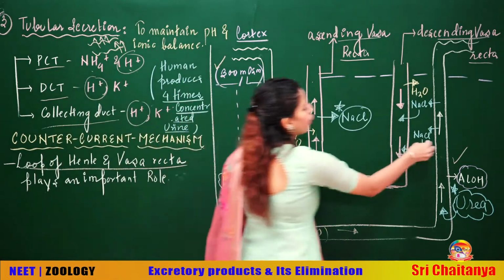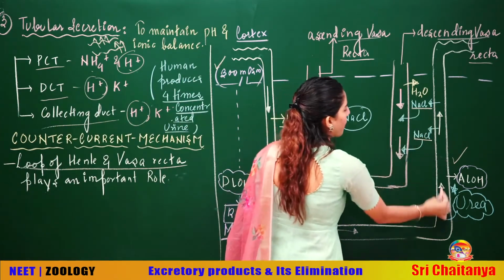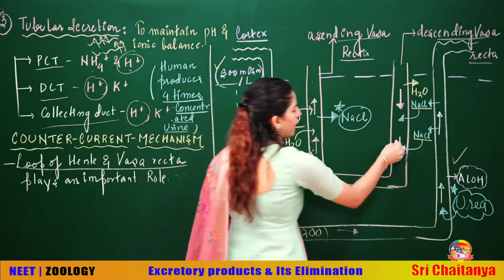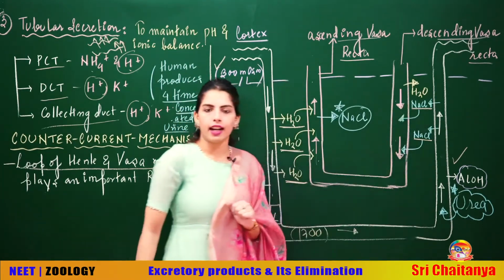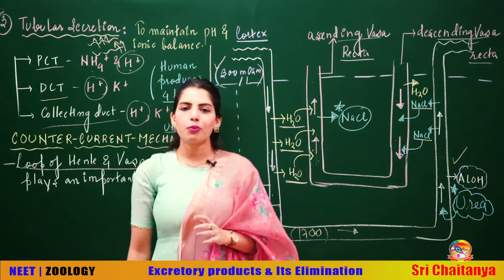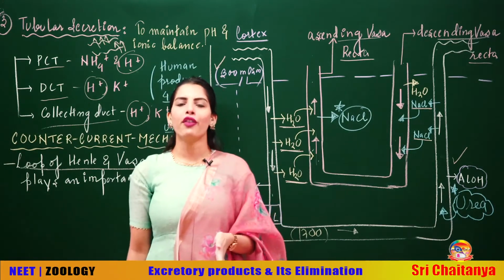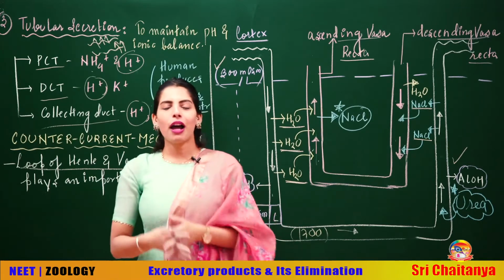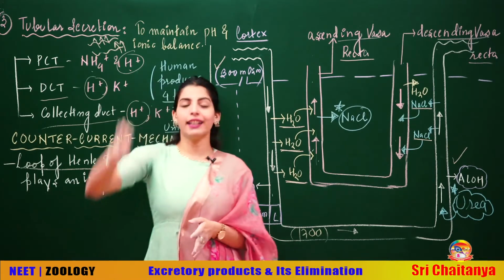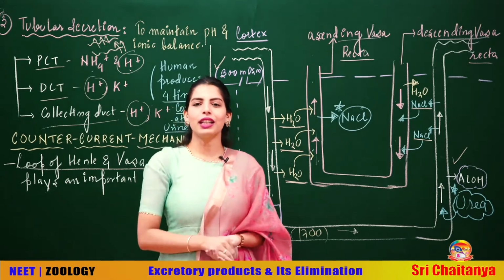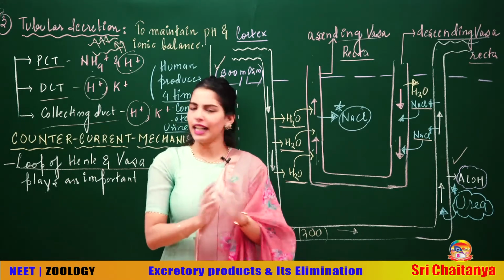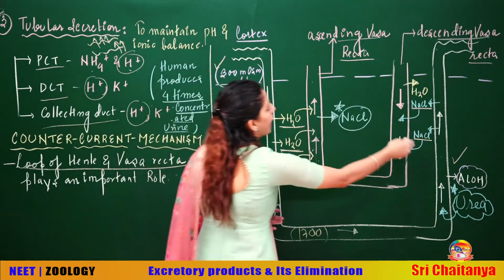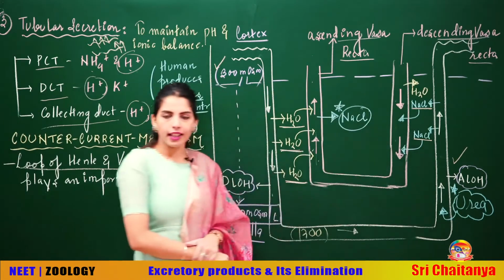Whereas the electrolytes that you reabsorbed from the ascending loop of Henle, where are they moving? They are moving into the descending vasa recta. So whatever you have reabsorbed from the descending loop of Henle, you pass to the ascending vasa recta, and whatever you have reabsorbed from the ascending loop of Henle, you pass to the descending vasa recta. That's very easy. So water moves into the ascending vasa recta, NaCl moves into the descending vasa recta.